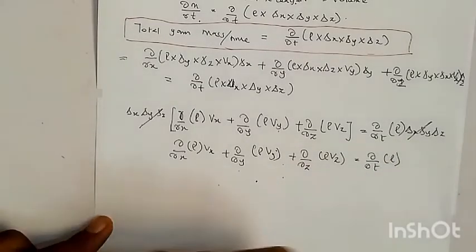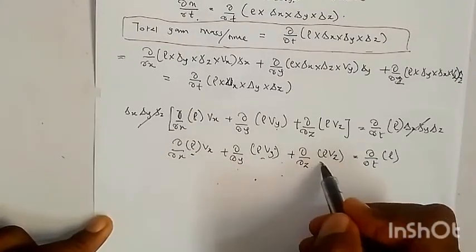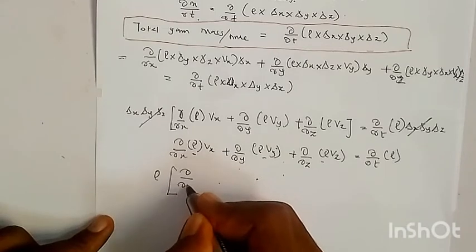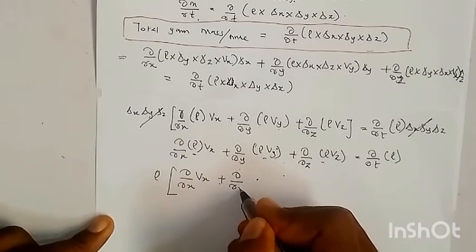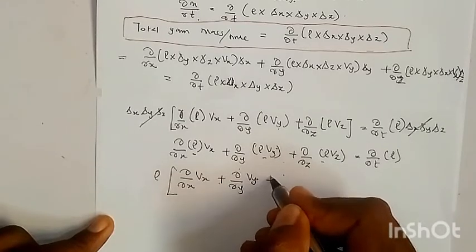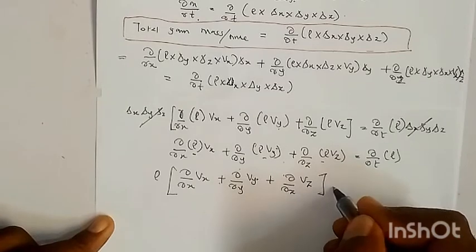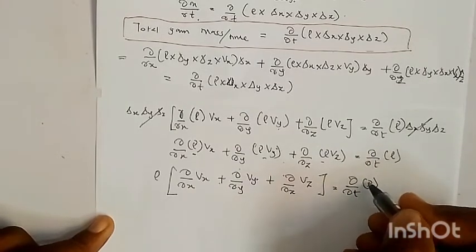So this is what I'm left with. So factoring out my density, because density is common here, I have this open bracket, changing this with respect to x of my velocity, differentiating the velocity with respect to y, plus this with respect to my velocity along the z direction, equal to this dt of my density.